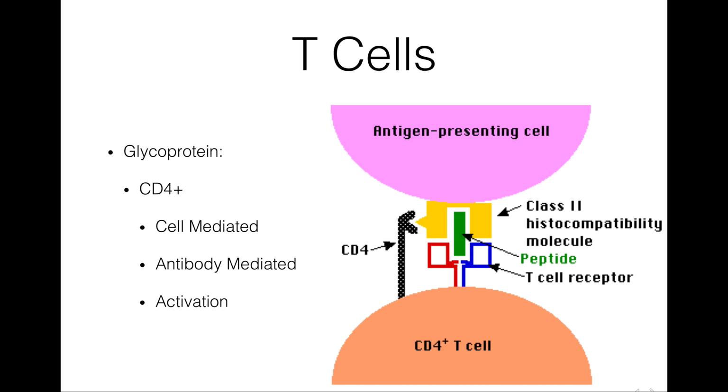The antibody-mediated response is when the CD4 cells act as the helper T cells. They respond to the B cell binding to the antigen in the MHC2 complex, and this leads to the development, activation, and cloning of the proper cells to deal with this antigen.